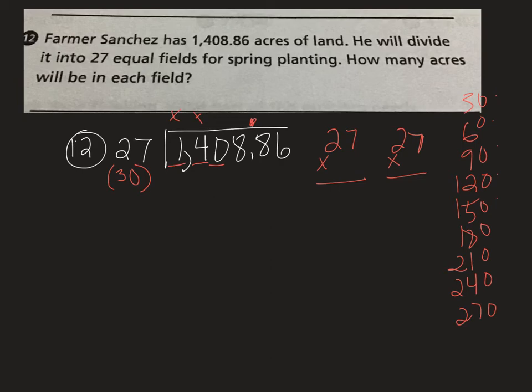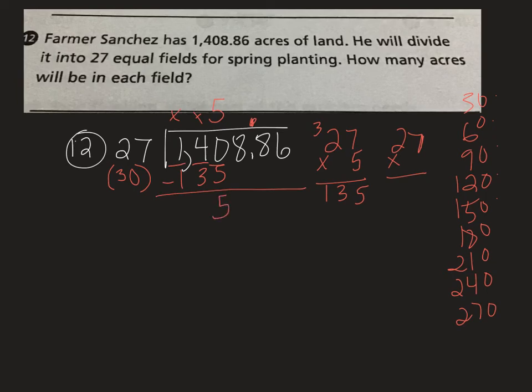I'm going to try 5, and if it's too much, I'll try 4. When you know your math facts, this part, it's okay to spend a little bit of time there because it's pretty quick. Yep, I can't get any closer than that. I can get 5 groups of 27 or 135 out of that 140, and that leaves me with 5.